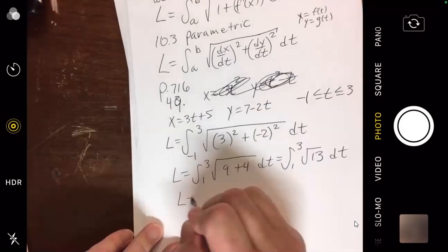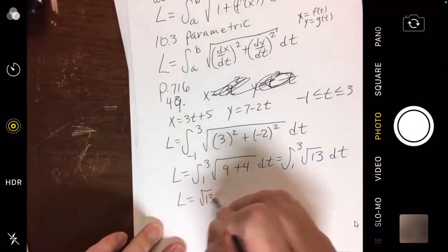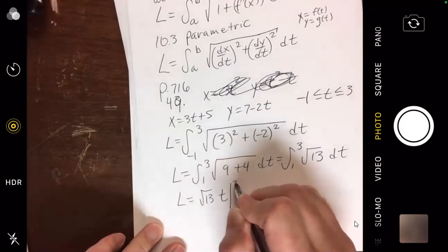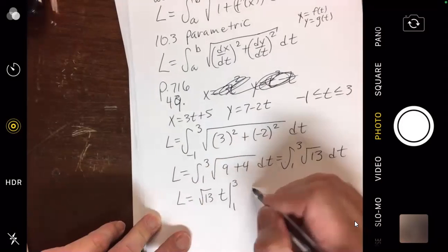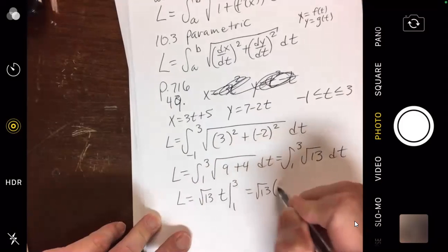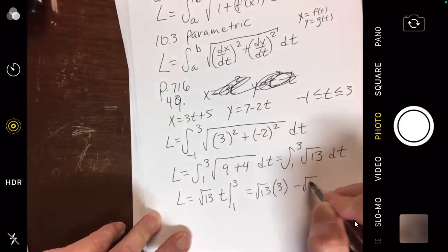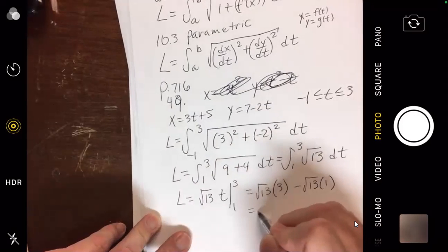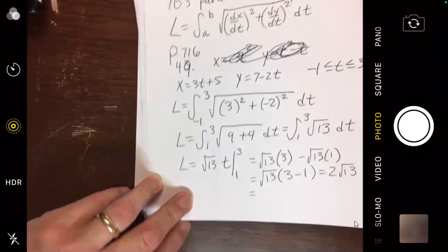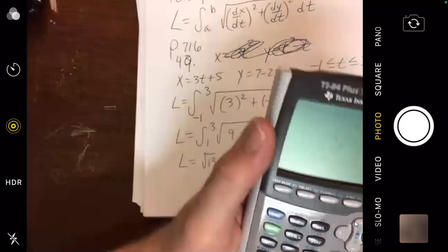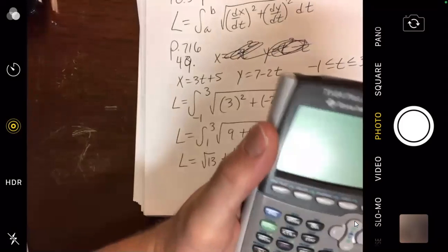I'll just finish it out by hand. This is the square root of 13 times t, from negative 1 to 3, and you get the square root of 13 times 3 minus the square root of 13 times negative 1. If you factor out root 13, you wind up with 3 minus negative 1, four root 13. I'll punch that.